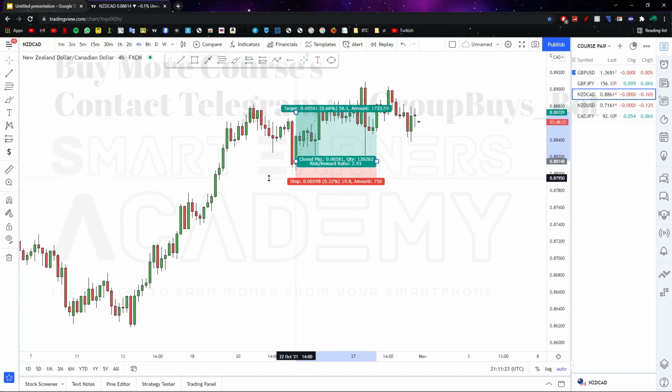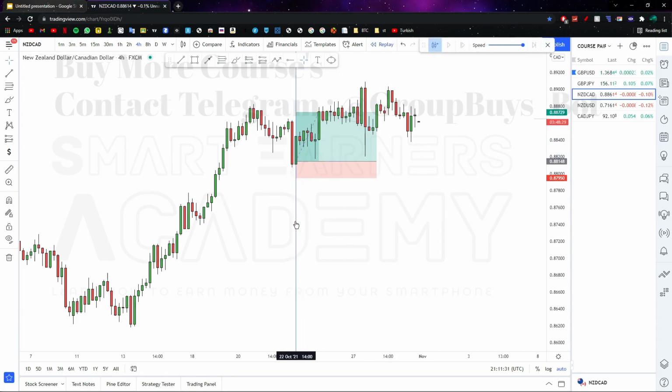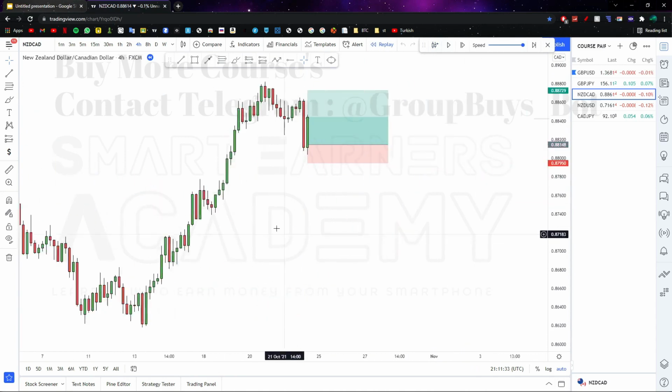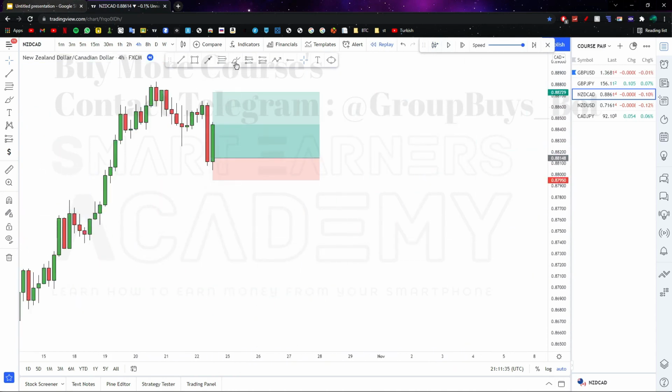So my stop loss is at the price 0.87950. If price happens to reach this area, I will be automatically closed out. Let's check how many pips it is, using the ruler tool. We will be closed in 20 pips loss.